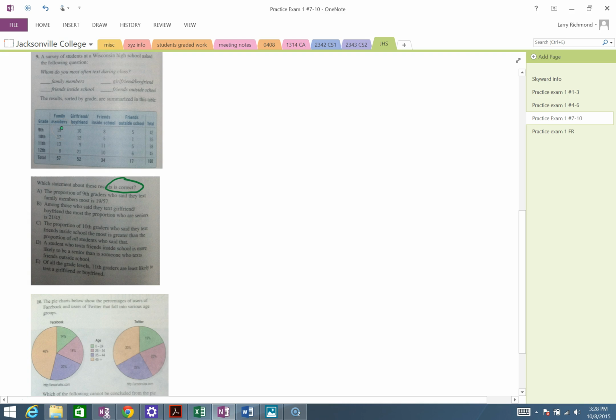We talked about our conditional probability. What we're looking at here is the proportion of 9th graders who said they text family members. So what A is trying to say is the probability that you text family members, given you are a 9th grader. Remember, this is my denominator.